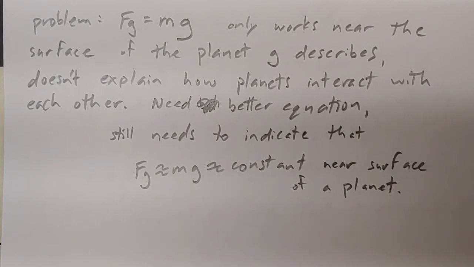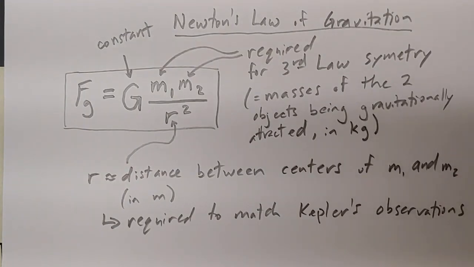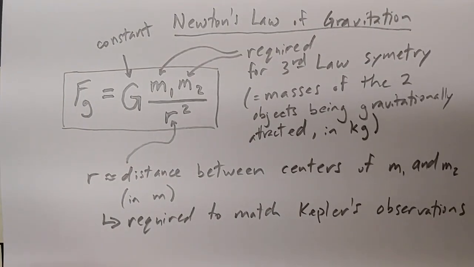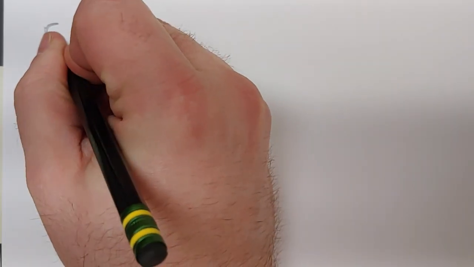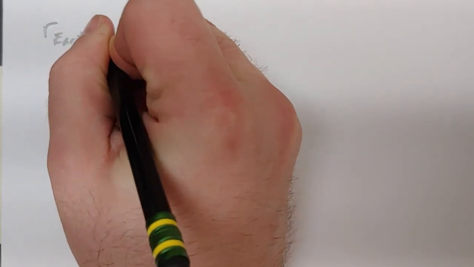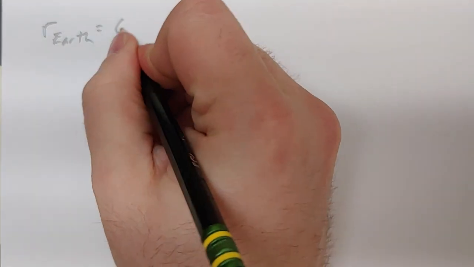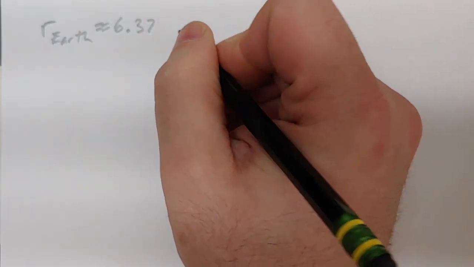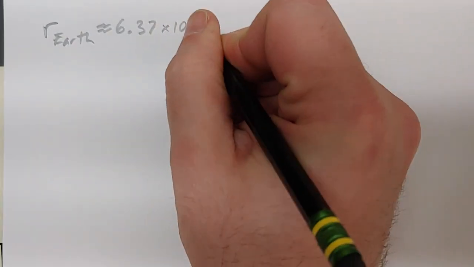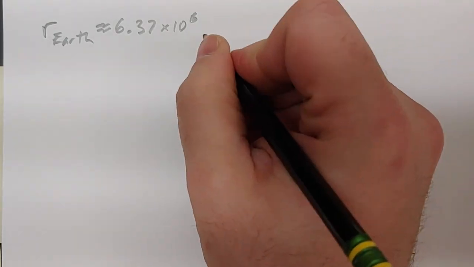We're going to define anywhere near the surface of the Earth as within a plane trip, within a mountain height, anything like that. So what I would like you to try to figure out is, if we assume that the radius of the Earth is about 6.37 times 10 to the sixth meters, so that's 6,370,000 meters.